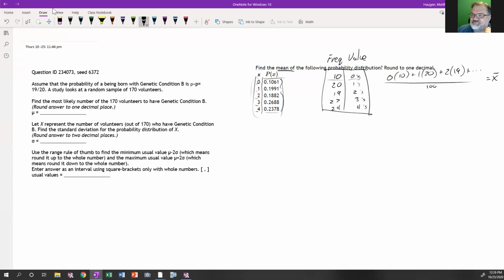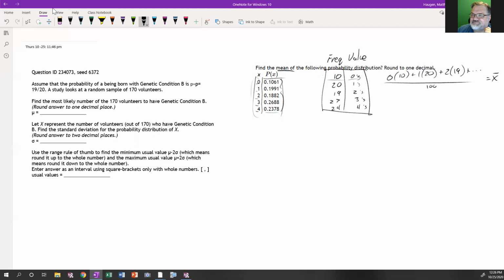But in a probability table, we're not really given how often each of these happened. We're given the probability of them happening. So we could do what I've done here and imagine it happened 100 times and then use the percentages as amounts out of 100. That is what percent means, per 100.